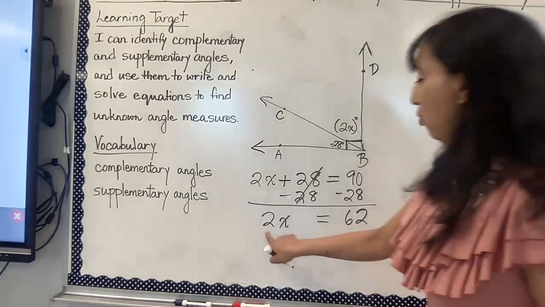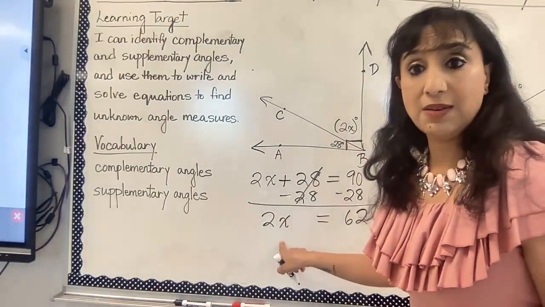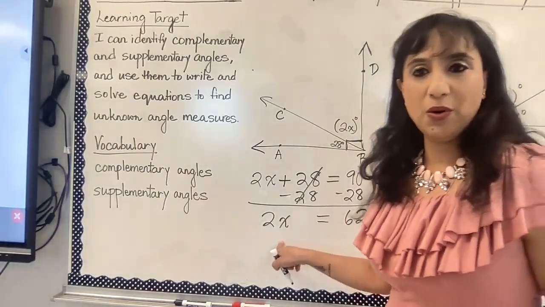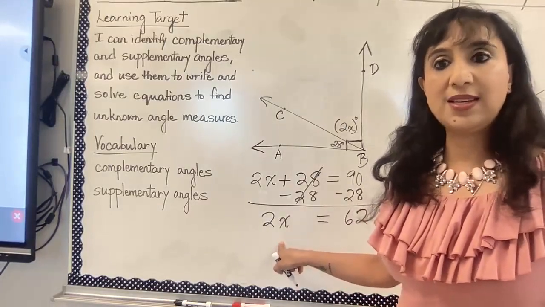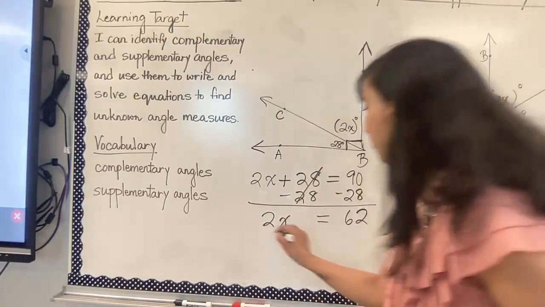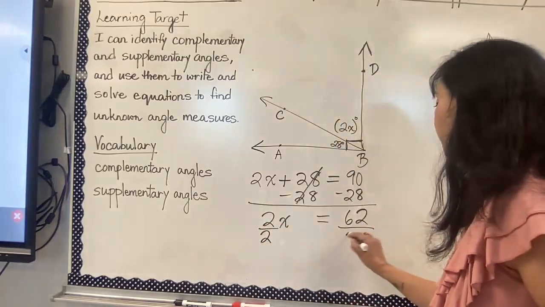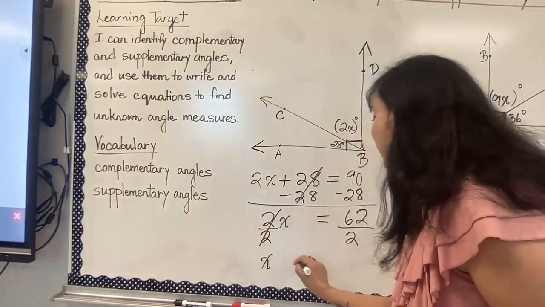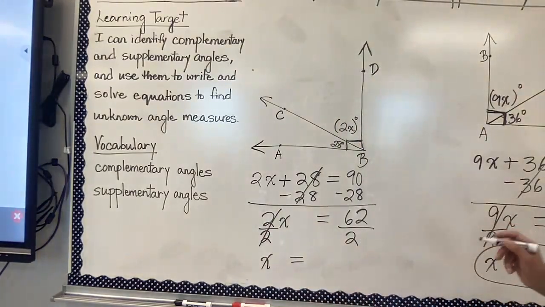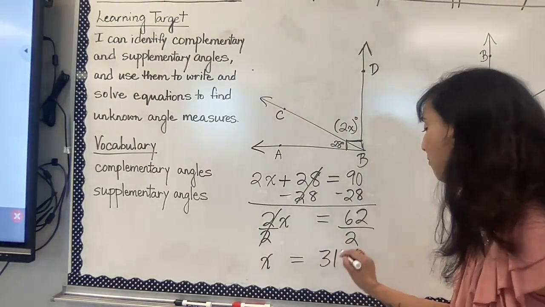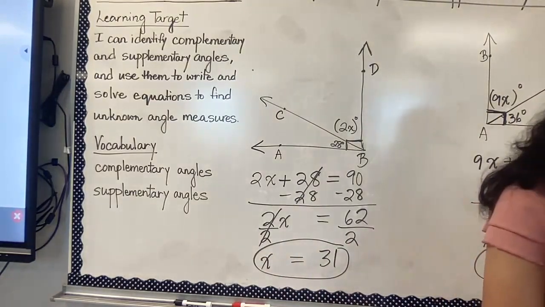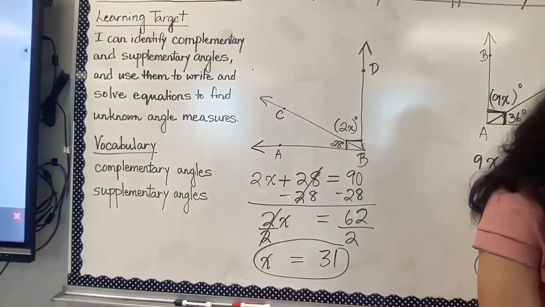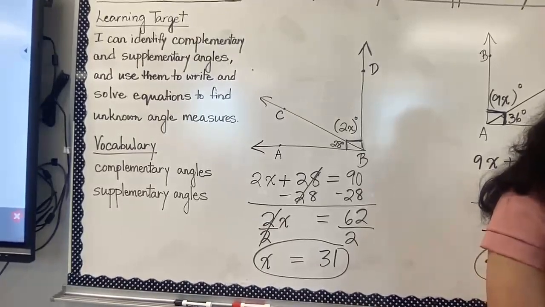Okay, and then coefficient and variable means what operation am I using? It is multiplication. So the inverse of multiplication is the division property of equality. Divide both sides by 2, and I get x is equal to 31. So the value of x over here is going to be 31. This is how we solve problems to find the unknown value in complementary angles.